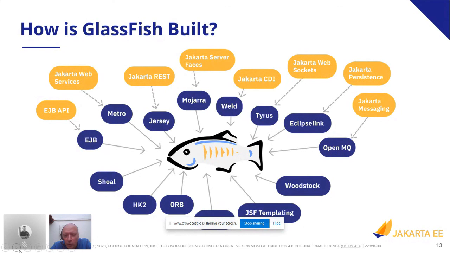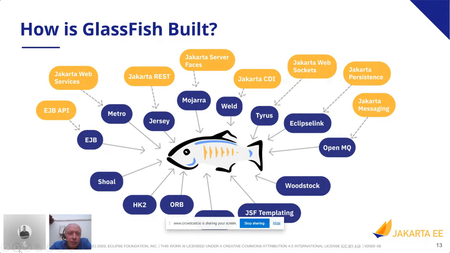We have Grizzly for networking, and then Woodstock and JSF templating, which are part of the administration console. And then we have, in yellow, all the APIs that we depend upon. These are obviously the actual Jakarta APIs. That's not all of them.